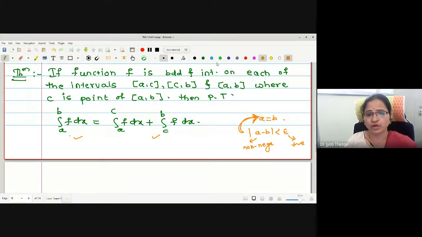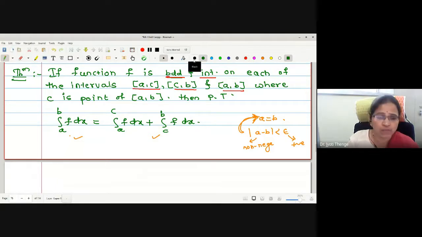Okay. Before that, we will write that the functions are integrable on the given intervals, because it is given that the function is bounded and integrable on AC, CB and AB. Therefore, what does the Riemann sum definition tell me? Limit SPF exists on each of these intervals.